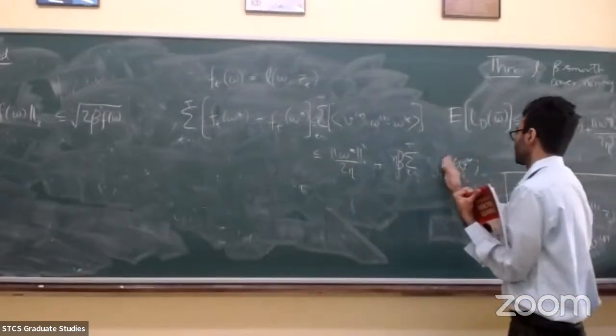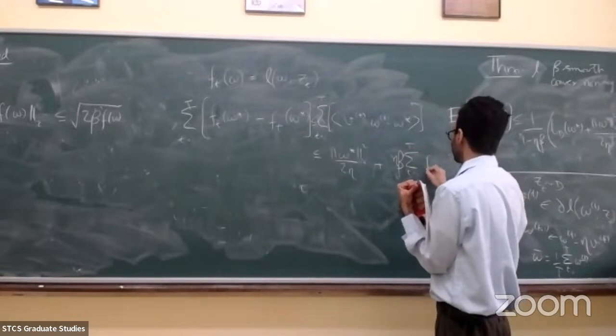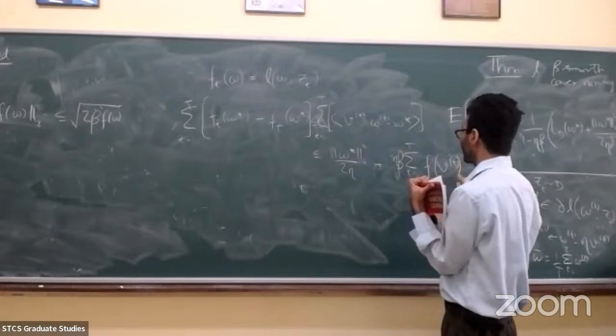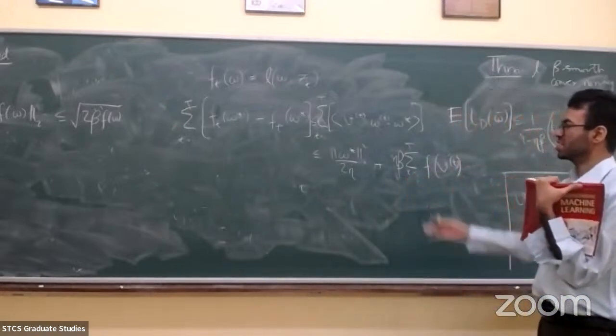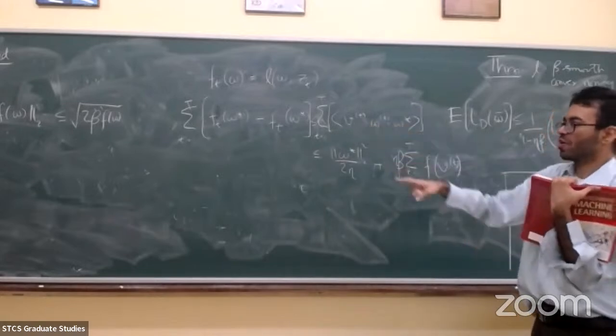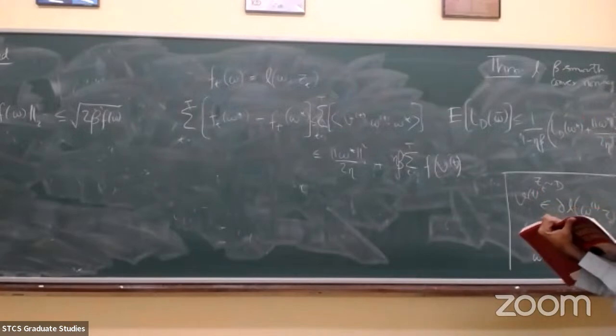So I got the right side. I haven't done anything here. I just used the previous bound for some of this type, and then used self-boundedness to bound the squares of these. That's all. No magic tricks.